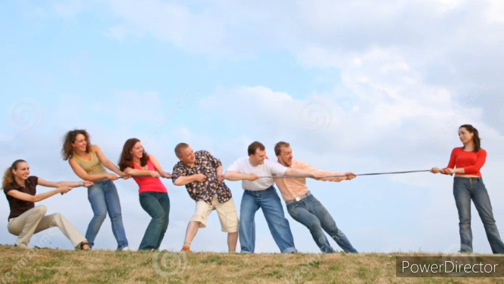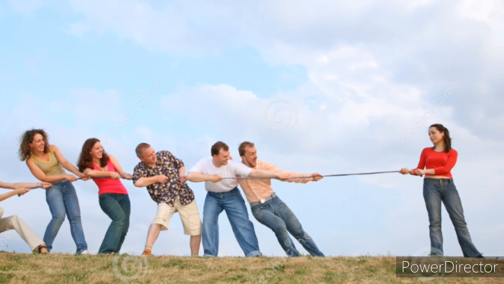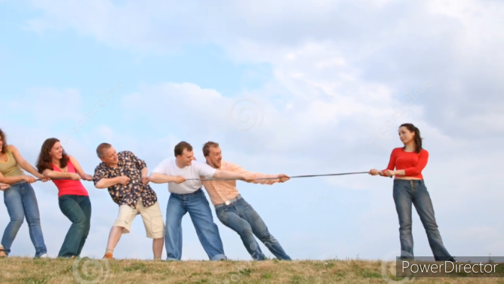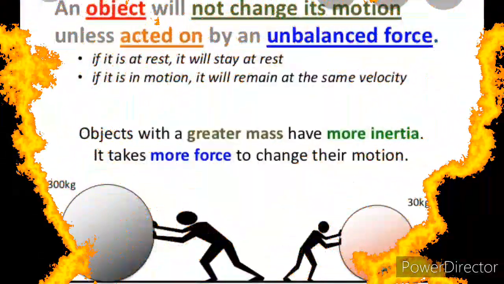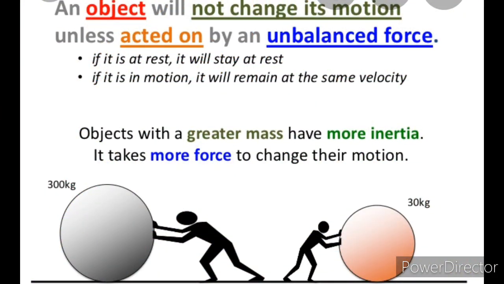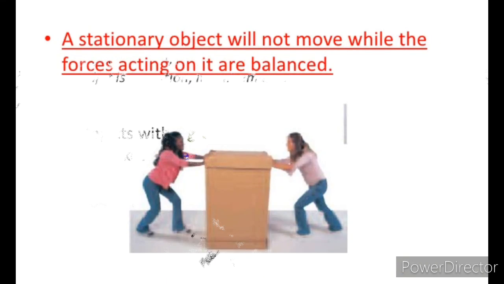Example, in a tug-of-war wherein the persons who pull the rope are not balanced in sizes, the rope will be moving to the group who have greater forces, or people who are bigger than the other. Therefore, an object that moves as the result of an unbalanced force will move in the direction of the greater force.